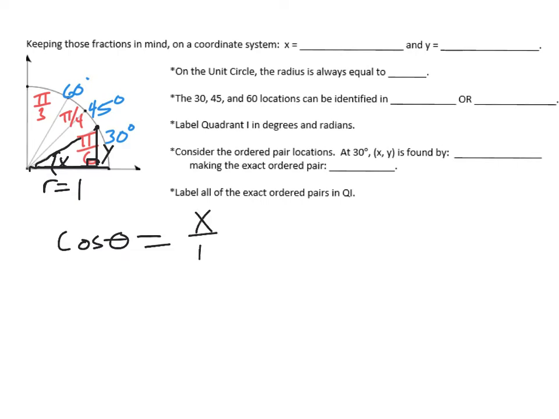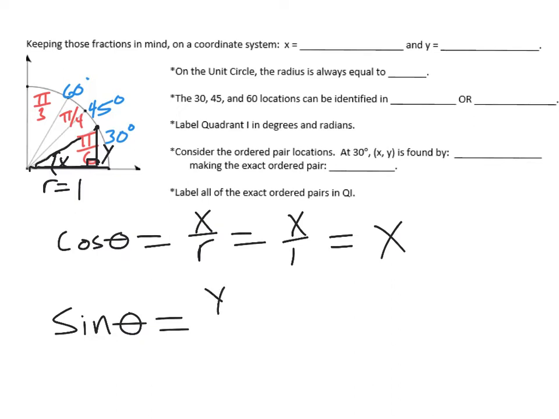X over r. Well, wait a minute. On a unit circle, r is 1. X over 1, or just x, okay? If I were to look at a sine value of an angle, you'd have y over r. But as always on the unit circle, r is 1.